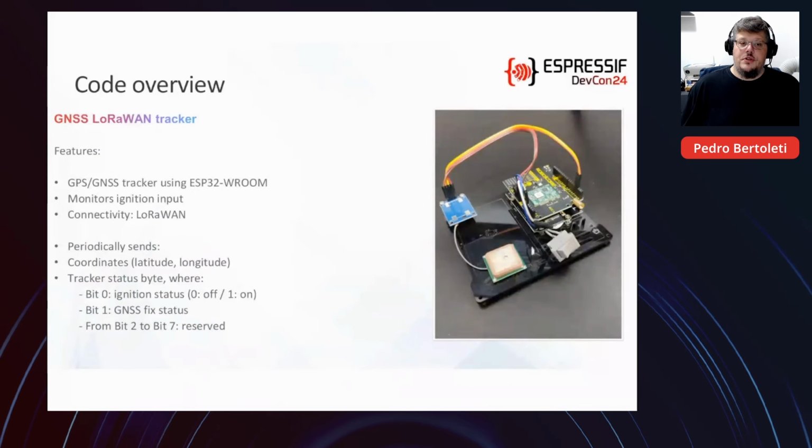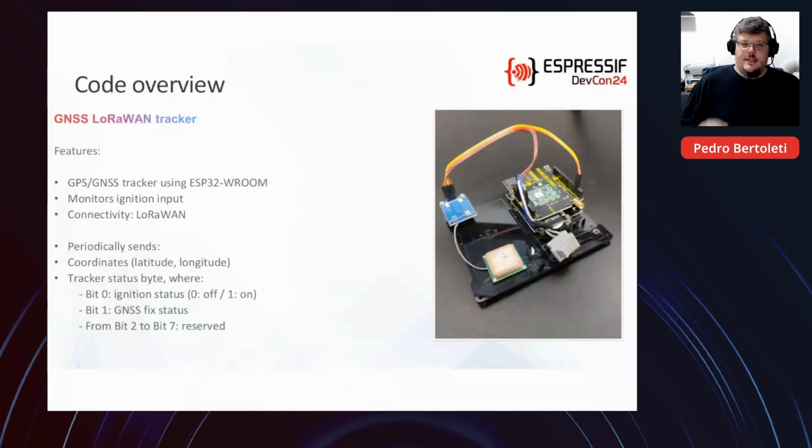Giving some features of this GNSS LoRaWAN tracker we are talking about, it is a GPS/GNSS tracker using ESP32 WROOM. Obviously it can get the coordinates, latitude and longitude, and it also monitors the ignition input from the board.